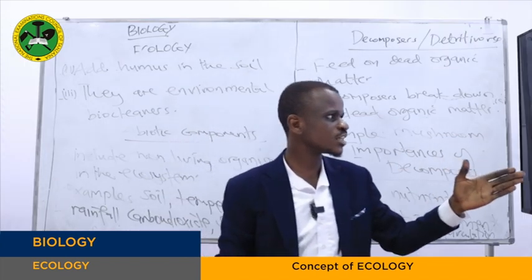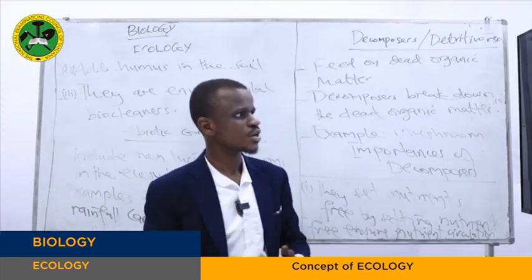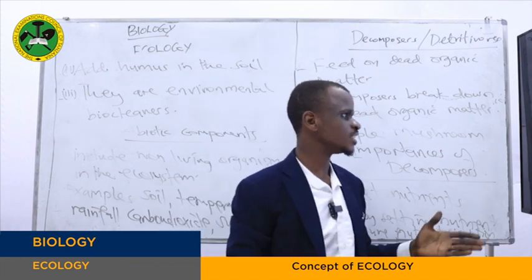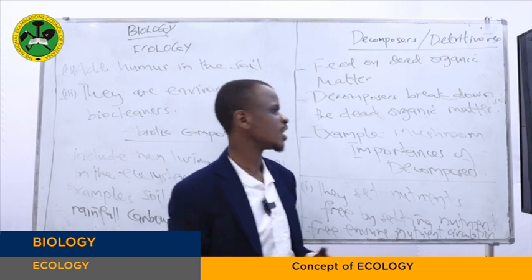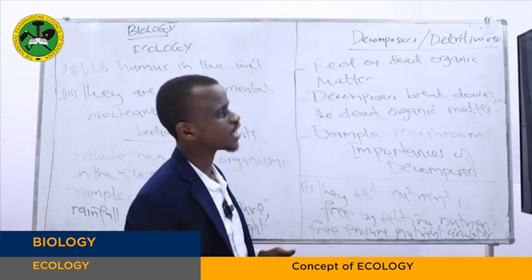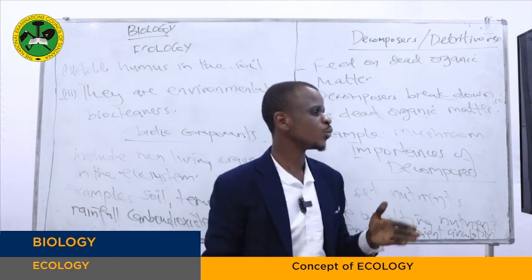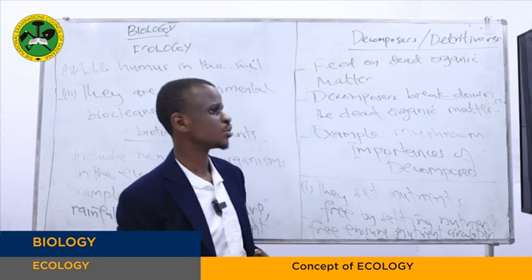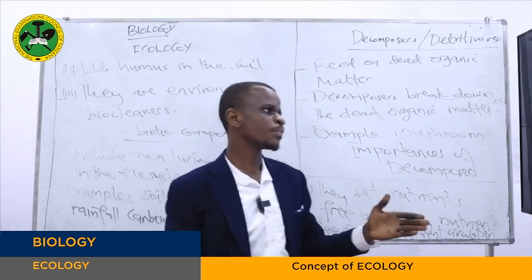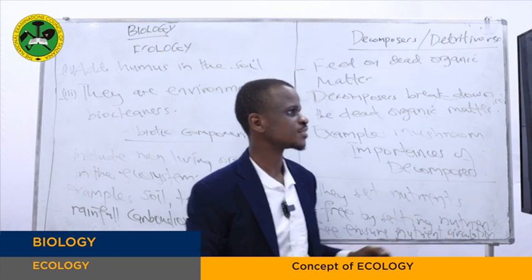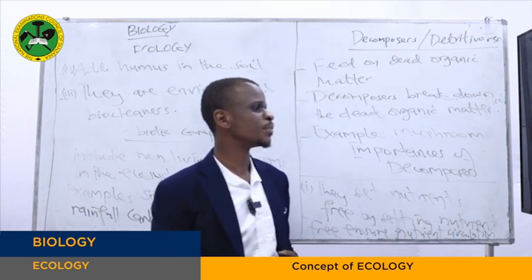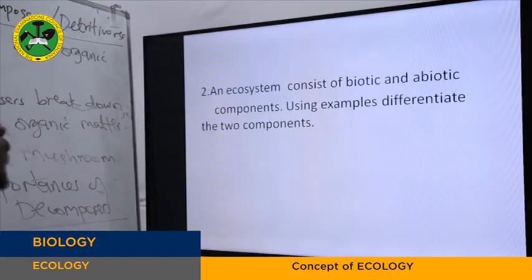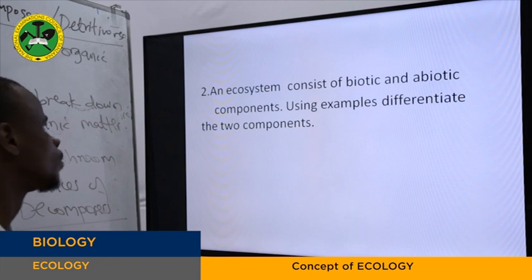Examples of biotic are animals, plants, fungi, and bacteria. Examples of abiotic are soil, temperature, carbon dioxide, water, and so on. Biotic components are producers, consumers, and decomposers. Therefore, you can now differentiate, my student, by using a comparison table at home.